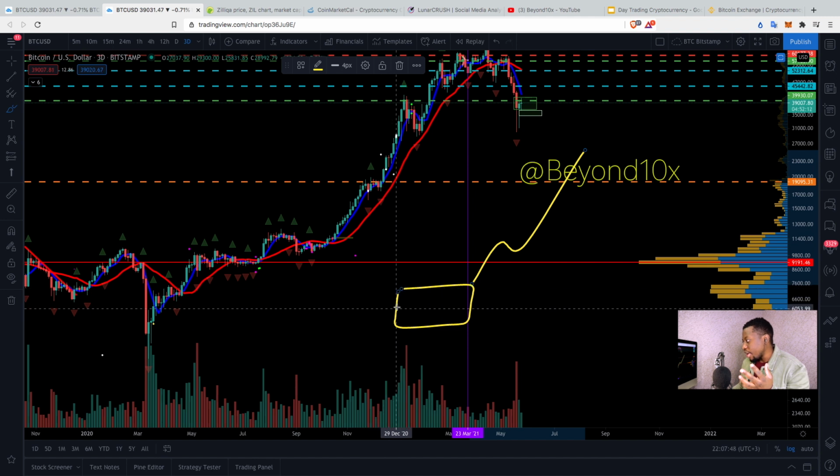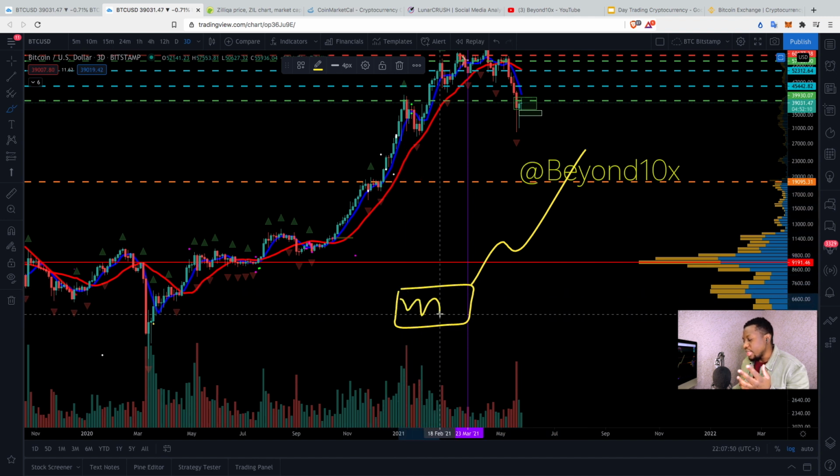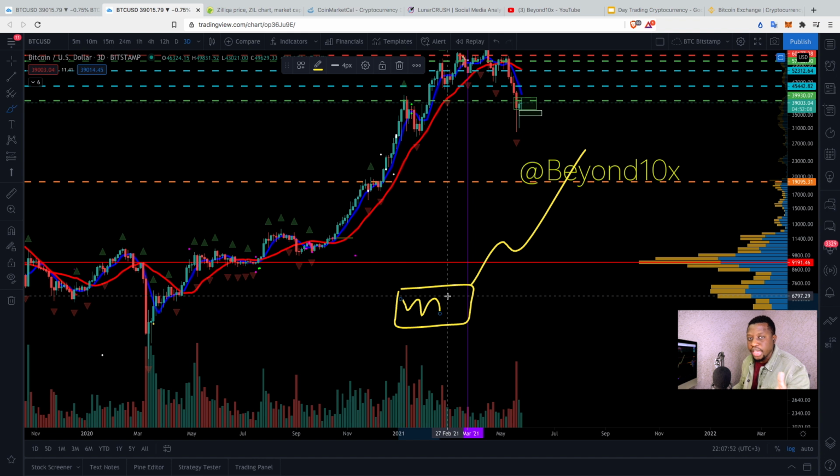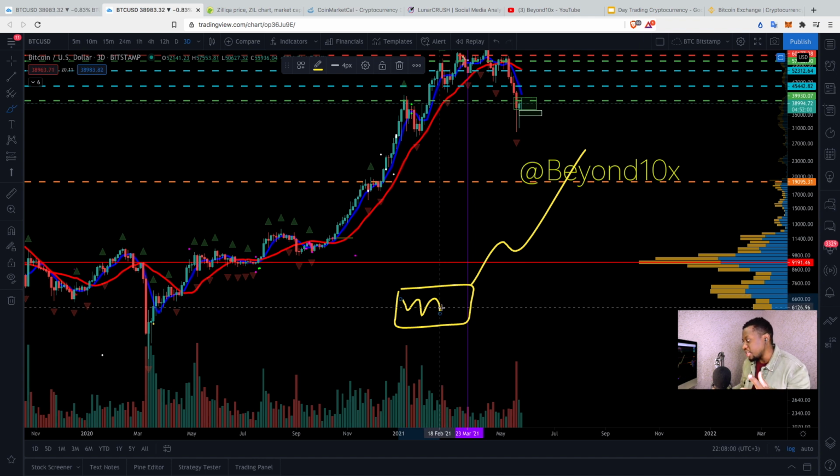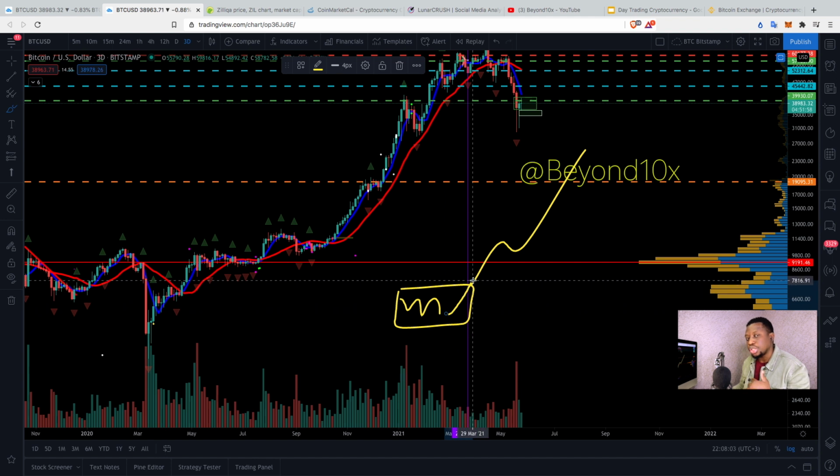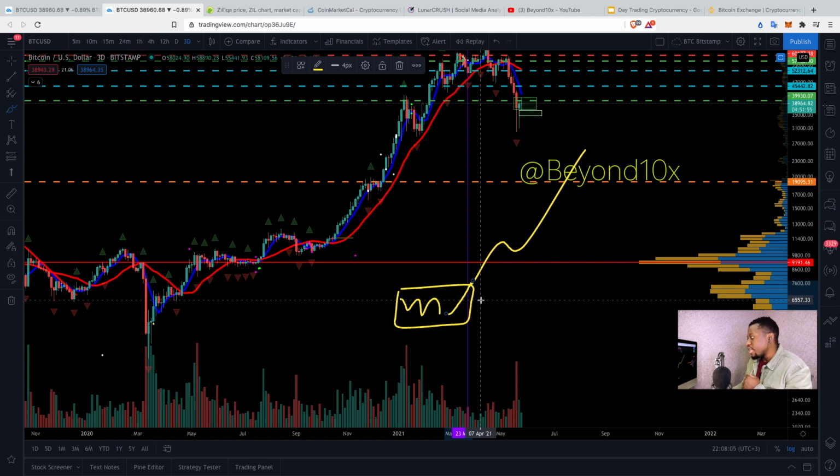So you have a ranging market, and then the price gets accumulated by the most significant players when it comes to determining where the price is going to go. And once the accumulation phase is done, the price proceeds to pump towards the upside, and vice versa.